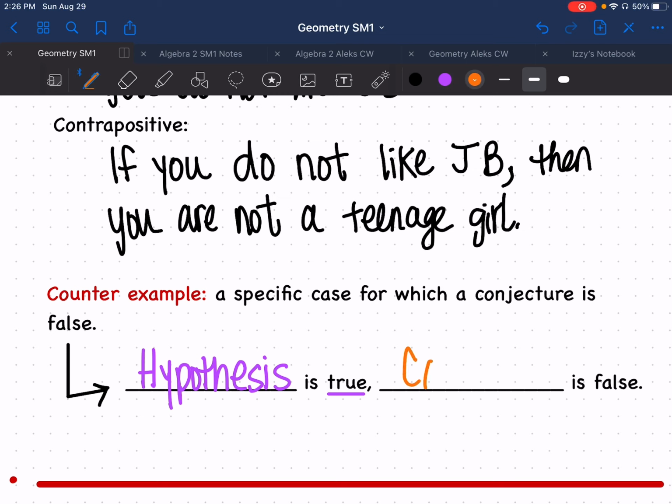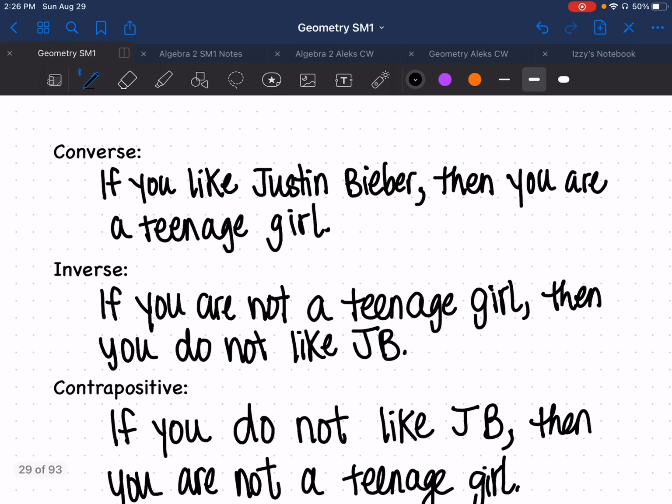The conclusion is the part that is false. Okay, so our hypothesis must be true. We must keep it the same, but the conclusion is the part that must be false. Okay, it's very tricky. Let's go back up and look at our parts about Justin Bieber.